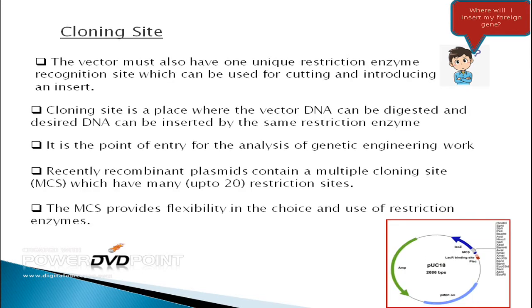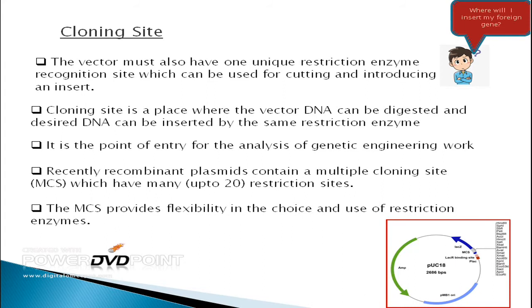The vector must also have one unique restriction enzyme recognition site which can be used for cutting and introducing an insert. The cloning site is a place where the vector DNA can be digested and desired DNA can be inserted by the same restriction enzyme. Or we can say it is the point of entry for the analysis of genetic engineering work.